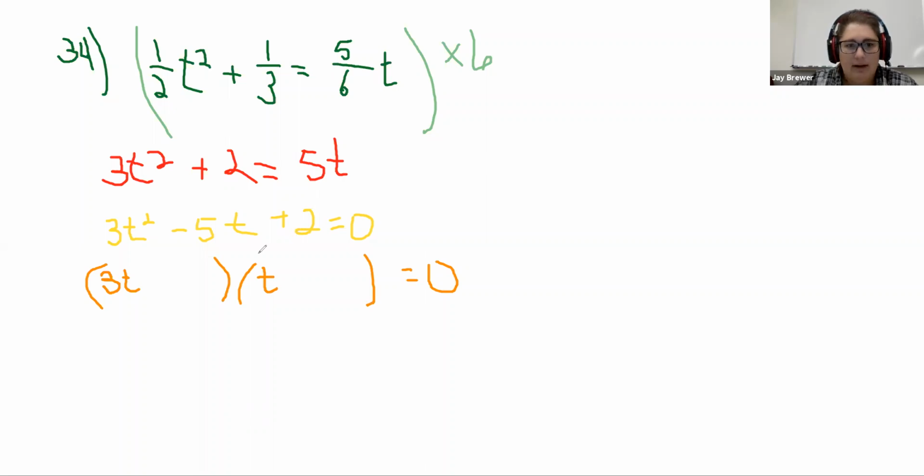2 has how many factors? How many different things that multiply together will get you 2? Is it just 2? Yep, 2 and 1.